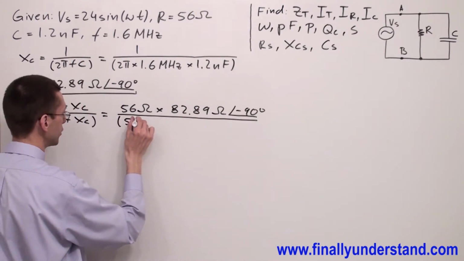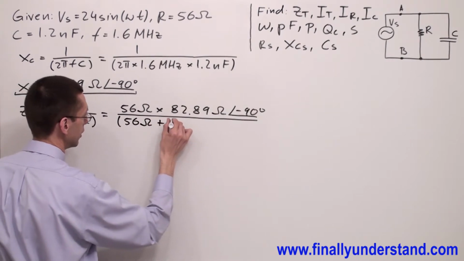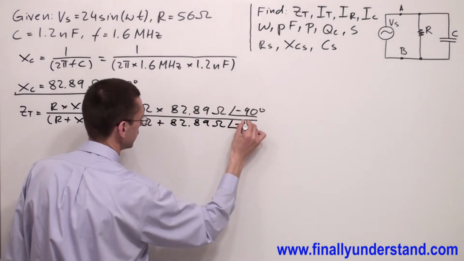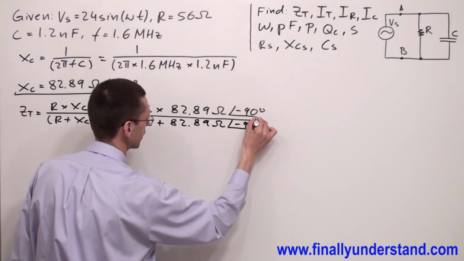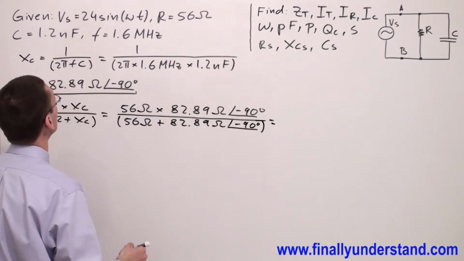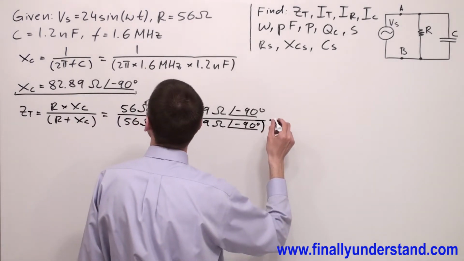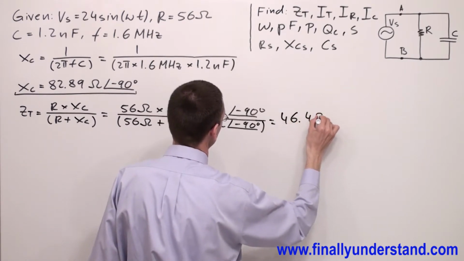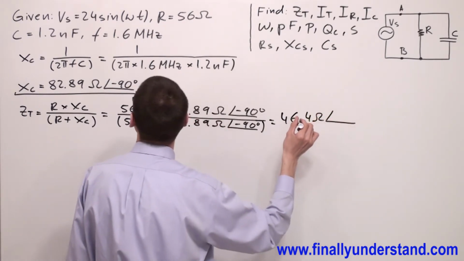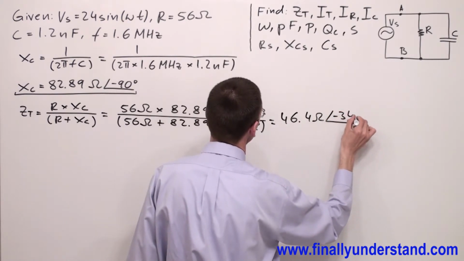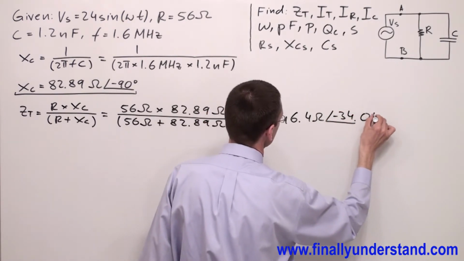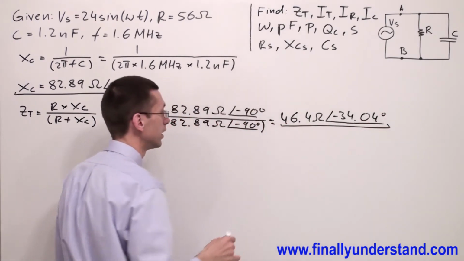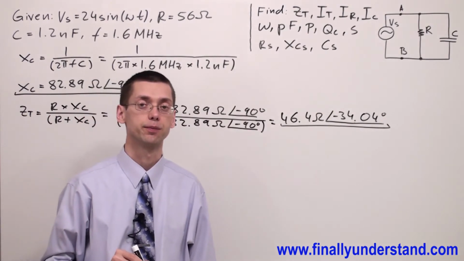So I have 56 ohms plus 82.89 ohms and angle of negative 90 degrees, close parenthesis, equals 46.4 ohms and angle of negative 34.04 degrees. This is the total impedance of my circuit.